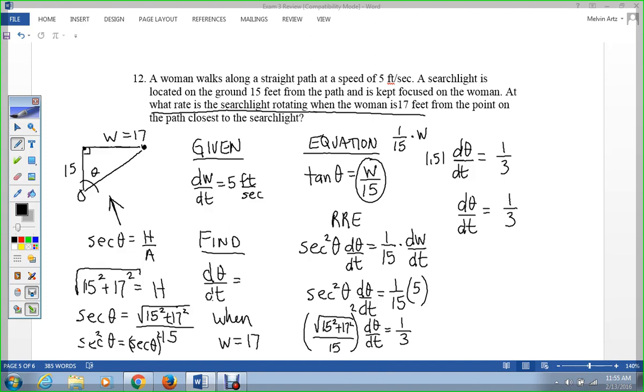So when we do that, we should get our d theta dt, which is 0.22. So 0.22, and that would be radians per second.